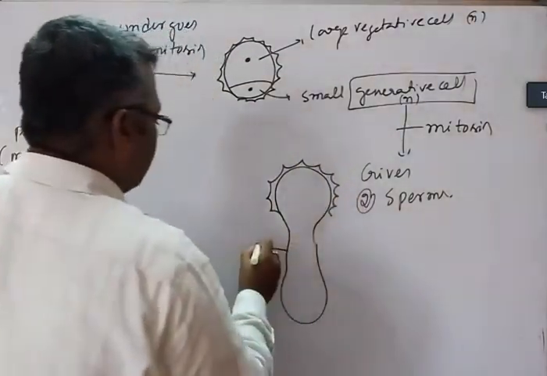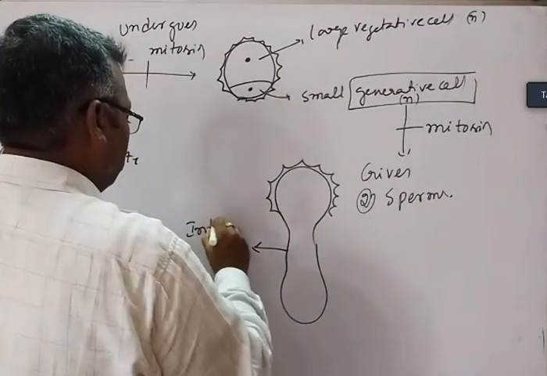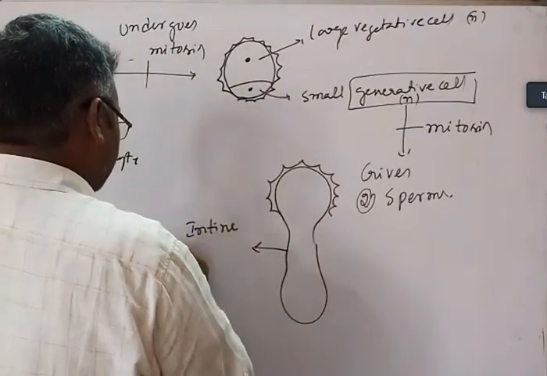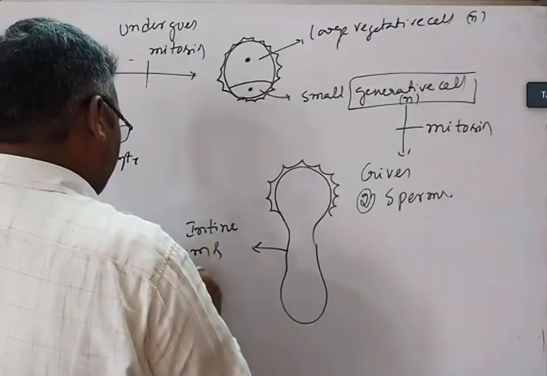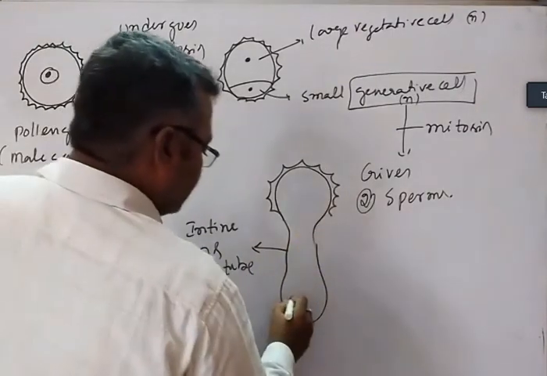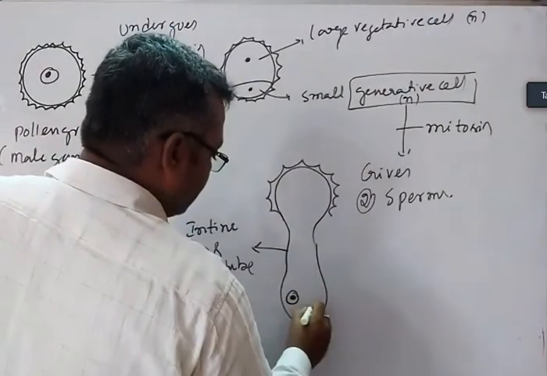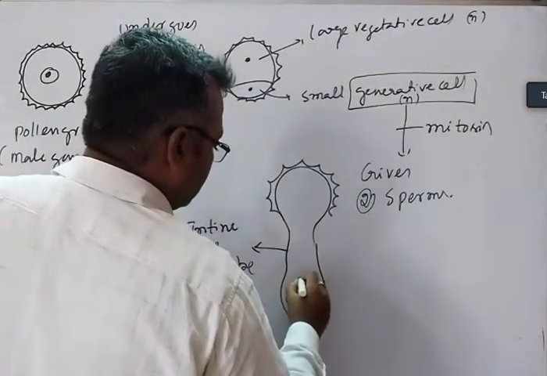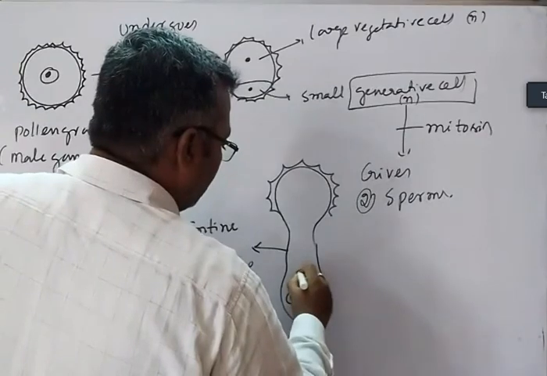Now, intine forms the pollen tube, and this intine now consists of two sperms and the vegetative nucleus.